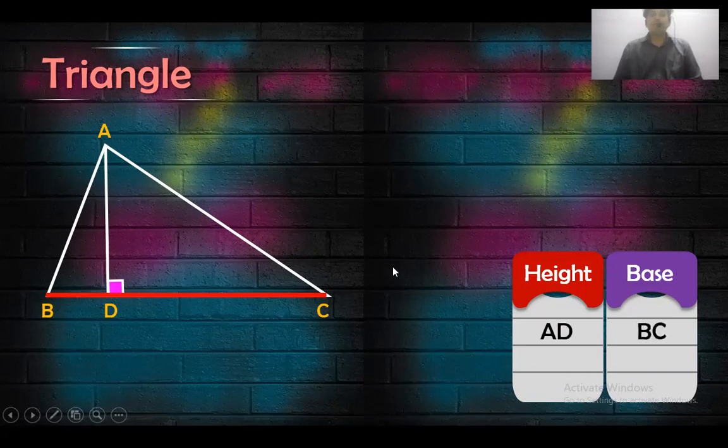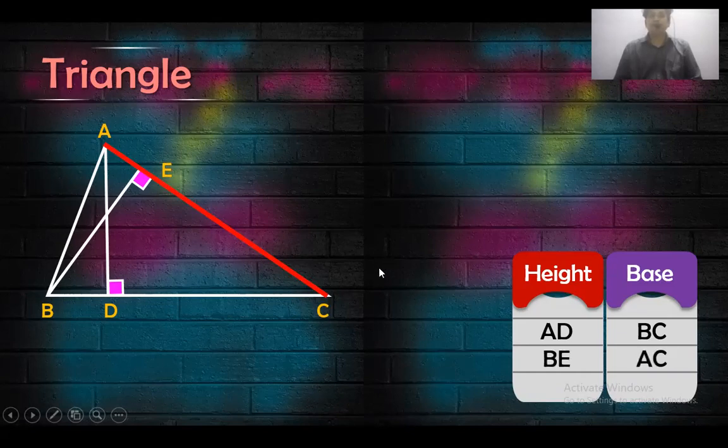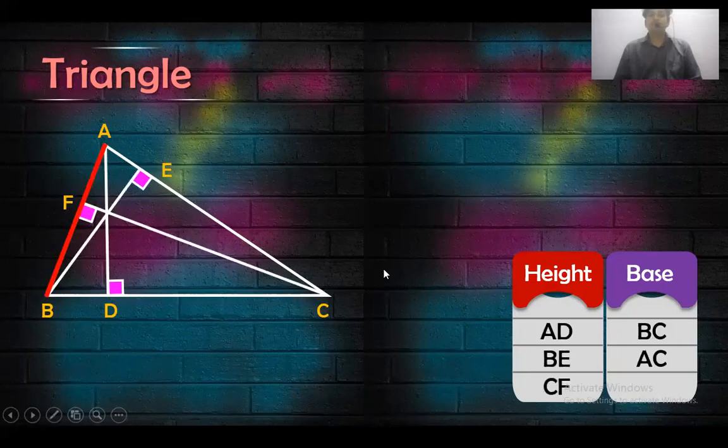But suppose I consider AC, the second side of the triangle, as the base, then the corresponding height will change. From point B, I'll drop a perpendicular, and that perpendicular is BE, that will become the height. Corresponding to this height, the base is AC. Similarly, the third remaining side is AB, which will become the base, and the corresponding height will be the perpendicular from point C, which is CF. So CF is the third height, and the corresponding base is AB.